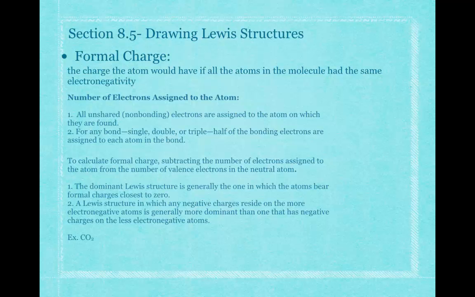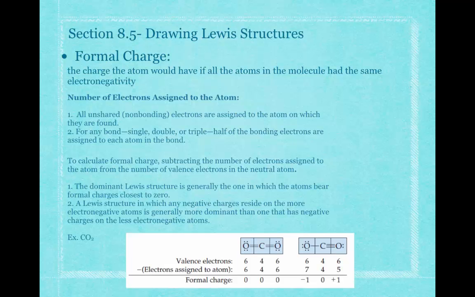So we're going to work through this example of CO2 in order to take all of these concepts and make them make more sense. I'm going to look at this first example in which there are 2 double bonds for carbon dioxide. If you look at the first oxygen on the left-hand side, oxygen has 6 valence electrons, always. So we put 6 for the number of valence electrons.